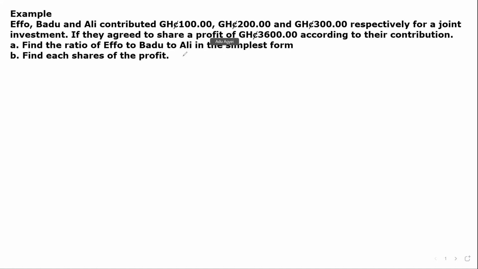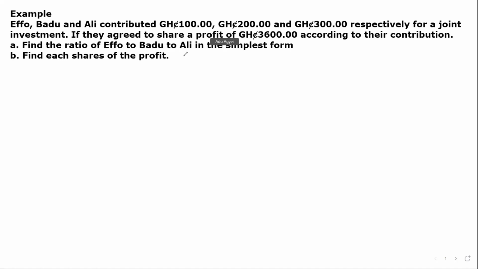Okay, so the first person contributes 100 Ghana cedi, the second 200 Ghana cedi, and the third 300 Ghana cedi, respectively. Respectively means what? The first 100 Ghana cedi belongs to the first person, the second 200 Ghana cedi belongs to the second person, and the last 300 Ghana cedi belongs to the last person.